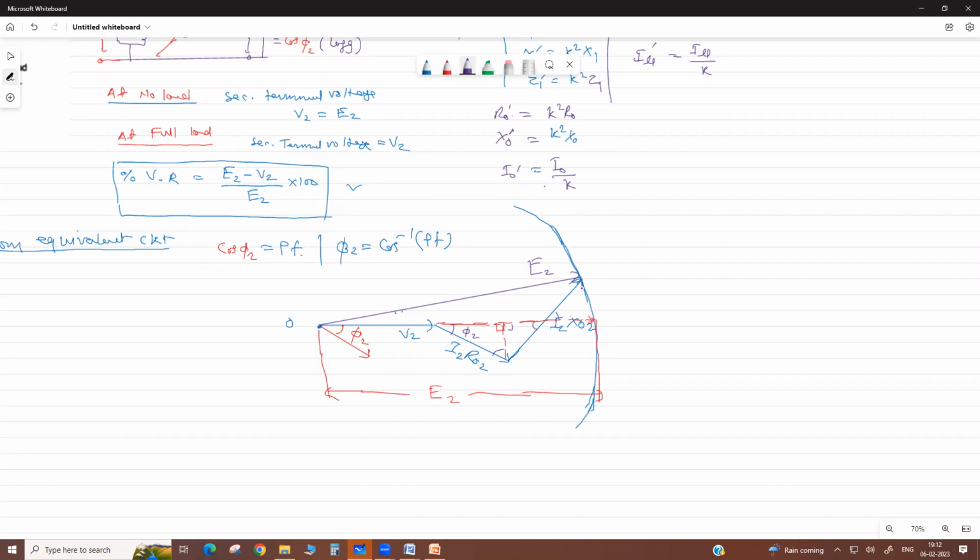Now please draw a perpendicular here. So only this small portion remains. This entire length from here to here is I2 X02.